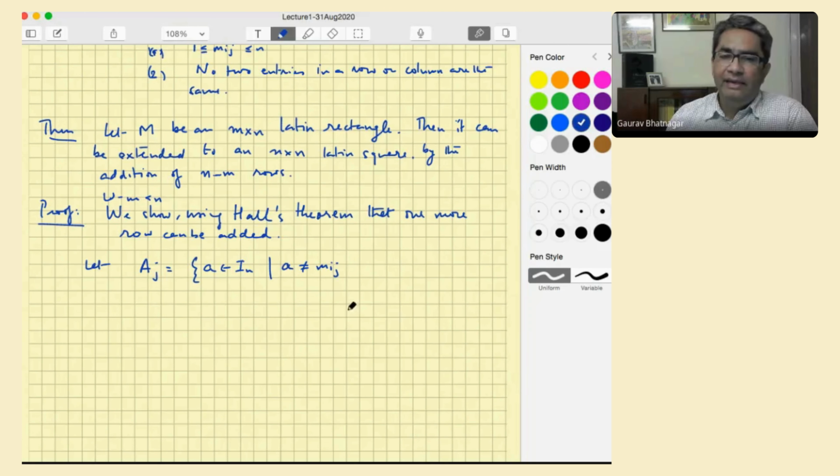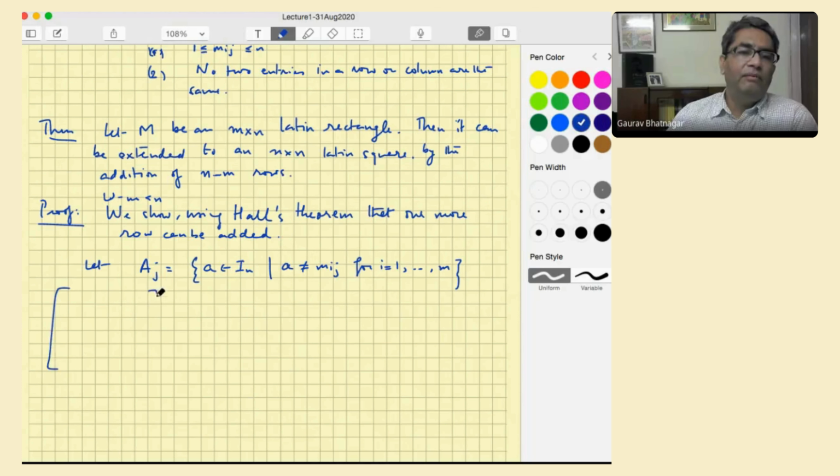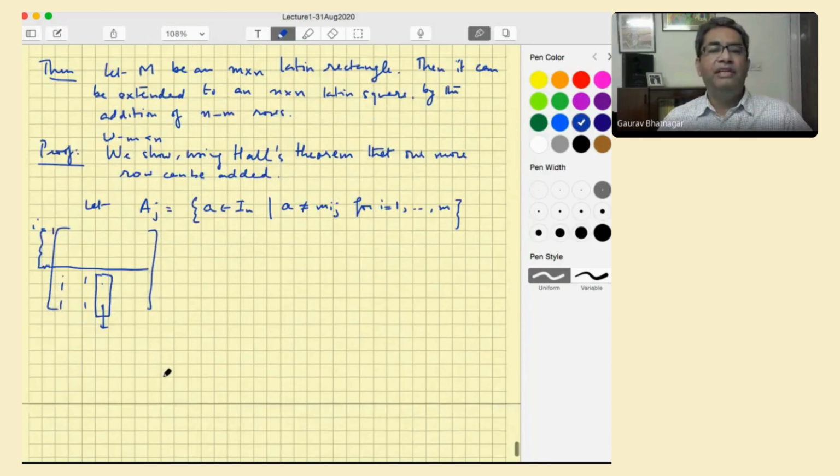So elements in a column, for fixed j, for i equal to 1 to m. So we have m rows that have been fixed, i equal to 1 up till m. And we have to fill these entries, and this is the potential set of numbers which we can fill.